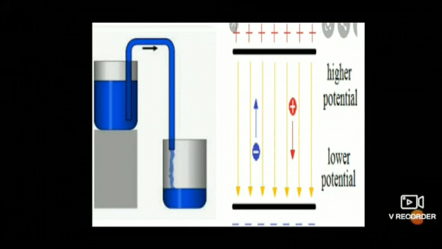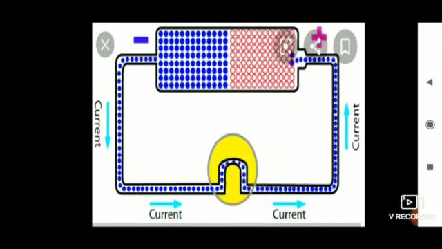Like how water always travels from a higher level to a lower level, as you can see in the given picture. Now potential difference means what? Potential difference is the amount of work or energy required to move an electric charge from one point to another. The unit of potential difference in the SI system is volt and it is represented by the letter V.